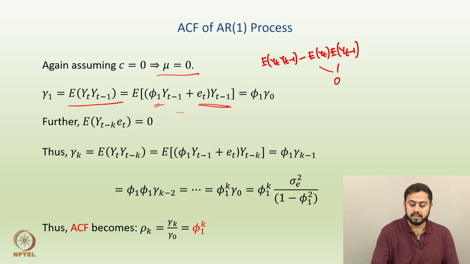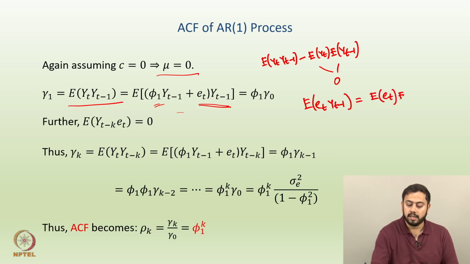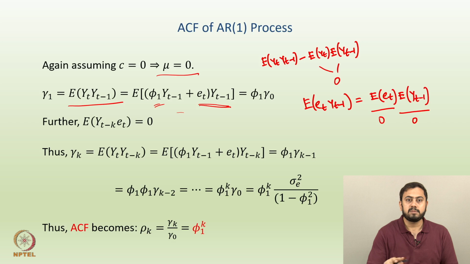And why is that? Let us try to explain this. The expectation of et into yt minus 1, since they are independent, I can break down into the product of individual expectations: expectation of et into expectation of yt minus 1. As per the assumption, this is equal to 0 and this is also equal to 0, so the expectation of their product is automatically 0.